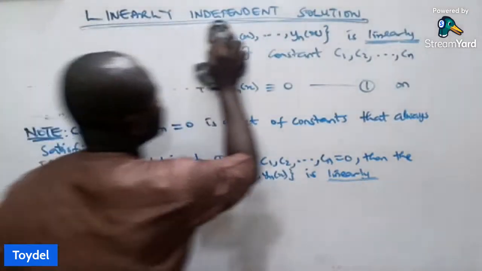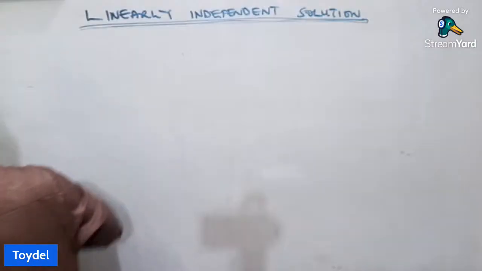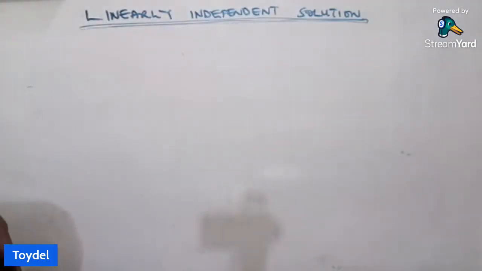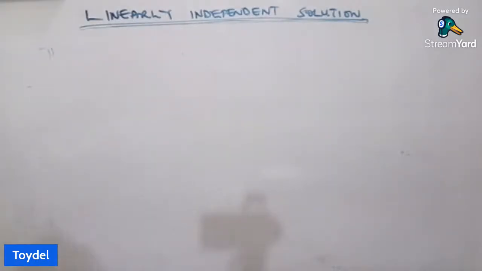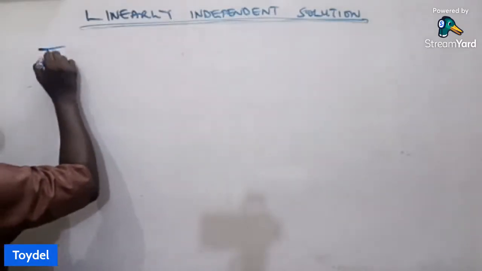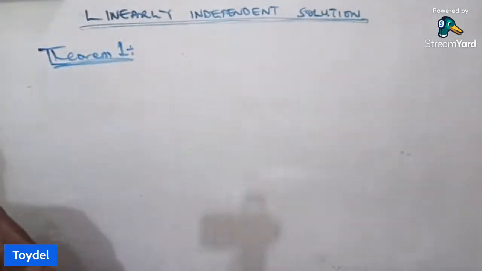There is a particular theorem that must be noted under the solution to nth order differential equations, and that is what I am about to state now. Theorem 1. This theorem is very important when it comes to solutions of nth order differential equations.